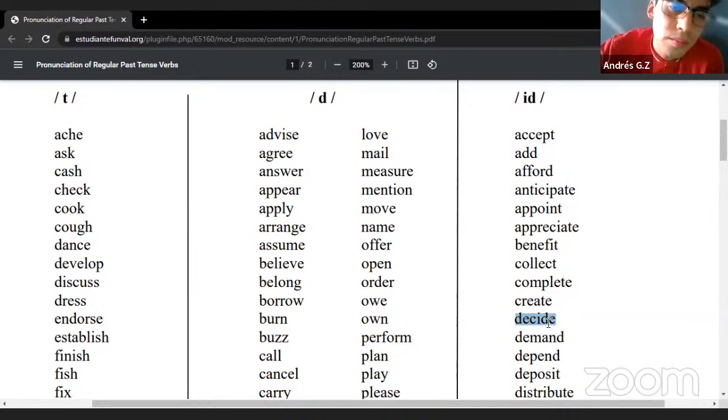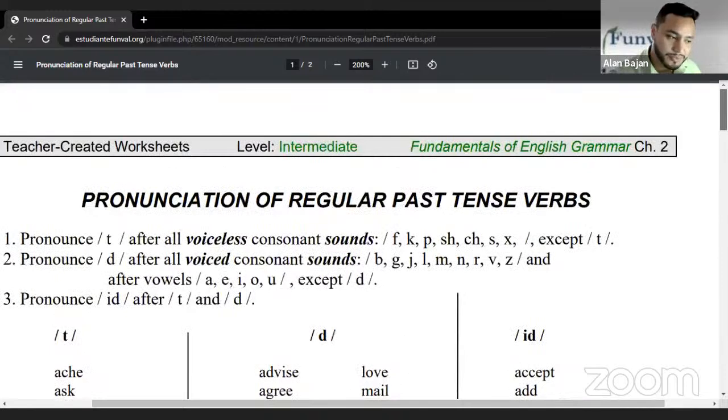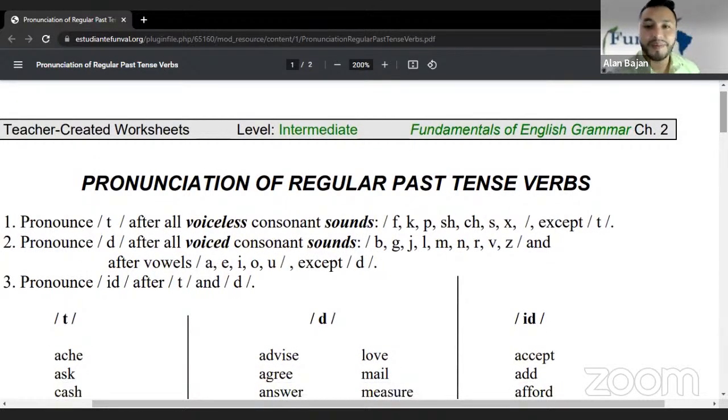Decided. Okay. Depend. Depended. So basically, these are the 3 groups of past tense pronunciation of regular verbs. Questions?